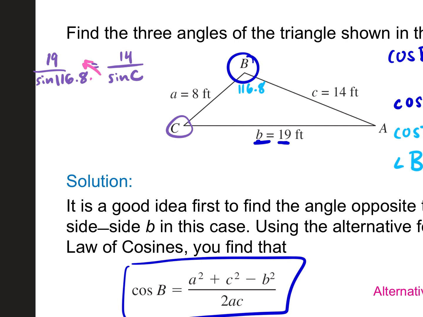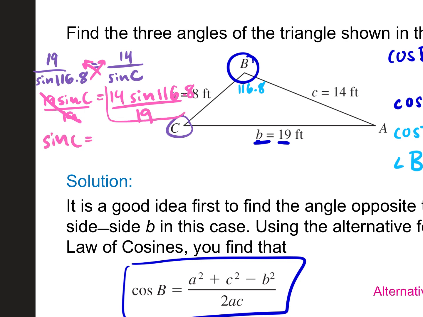So from here, I would cross multiply. I get 19 times sine of C is equal to 14 times the sine of 116.8. Can divide both sides by 19, and then we're going to put this into our calculator. So all of that gets put into the calculator. So we should get sine of C is equal to 0.6576.